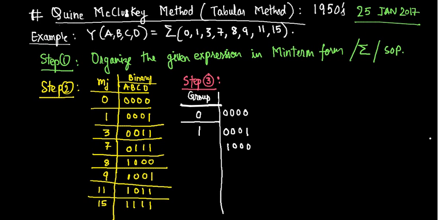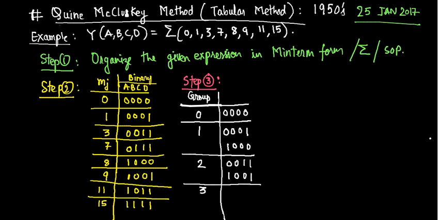That's it? Okay, so this forms another group. Make a group of 2 ones. Tell me, 3, 0, 0, 1, 1. Is that okay? Then 9, 1, 0, 0, 1. What else? That's it.